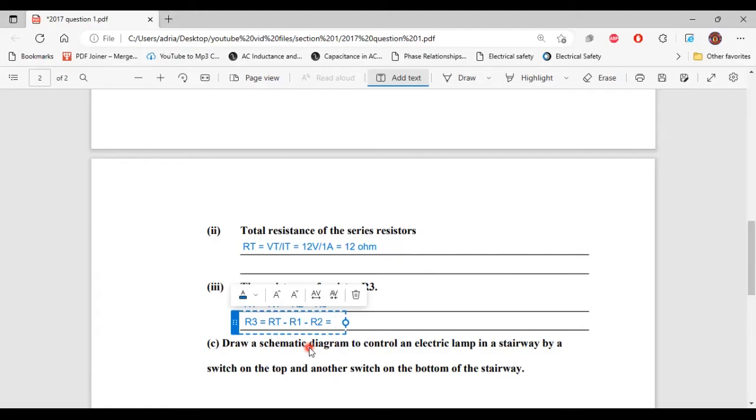That will give us 12 ohm minus 6 ohm minus 3 ohm, and that will give us 3 ohm for R3. And that's it for part 3 of B.